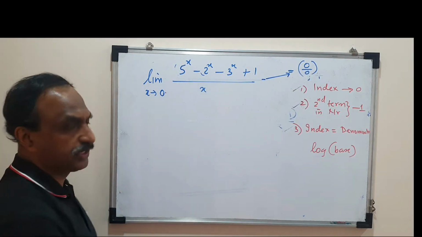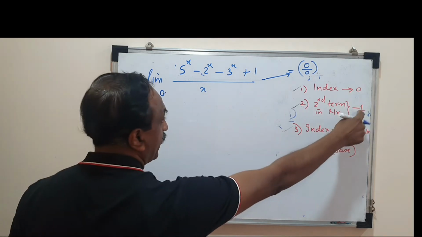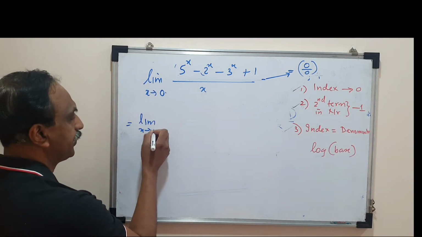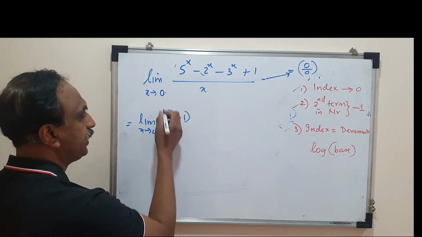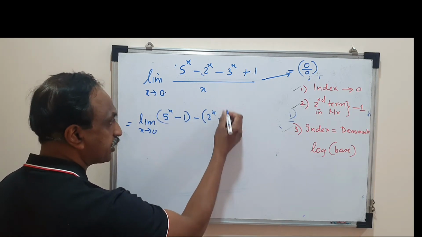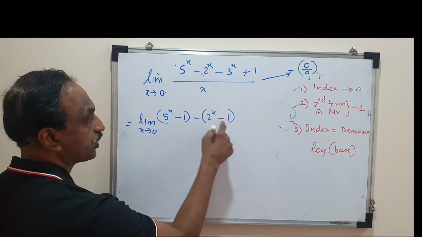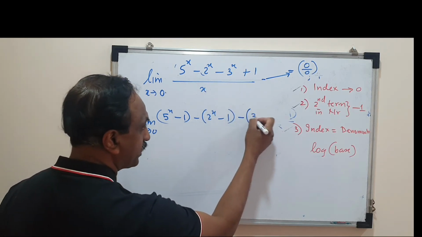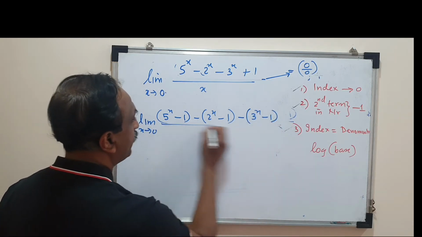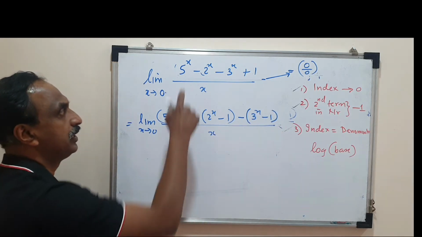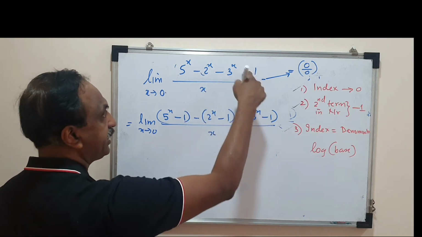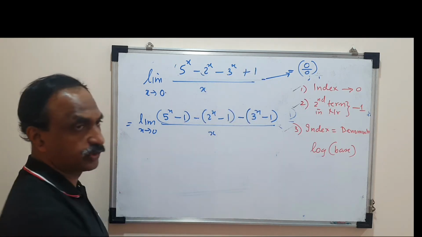So if it is 0 by 0, the method of adjustment, the method of getting this minus 1, is just by adding and subtracting. So I am going to subtract a 1 and I've added a 1. Minus of minus is plus 1. Subtracted 1, added 1. And here I took a minus common.